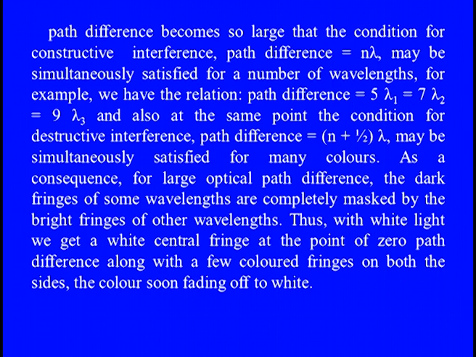As a consequence, for large optical path difference, the dark fringes of some wavelengths are completely masked by the bright fringes of other wavelengths. Thus, with white light we get a white central fringe at the point of 0 path difference along with a few colored fringes on both sides, the color soon fading off to white.